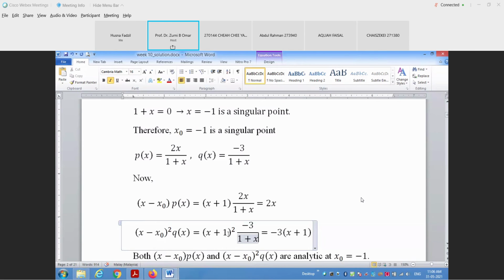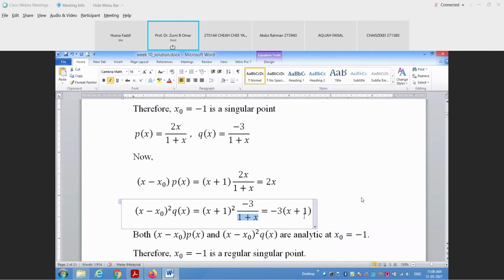Remember this and this cancel, so we get x plus 1 to the power of 1, multiplied by minus 3. We have minus 3 times x plus 1.